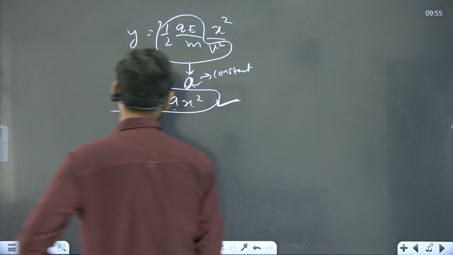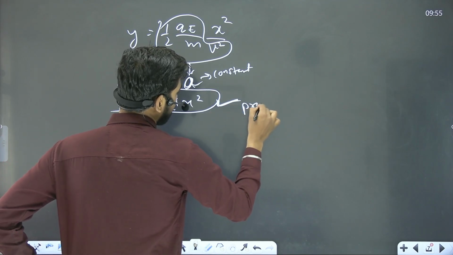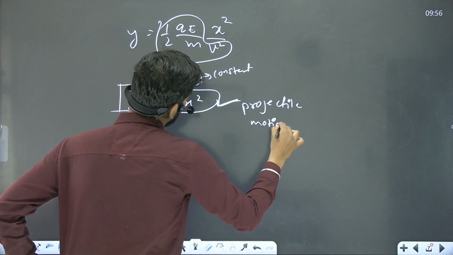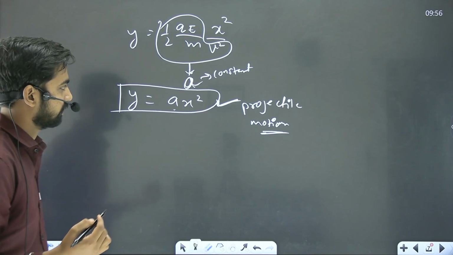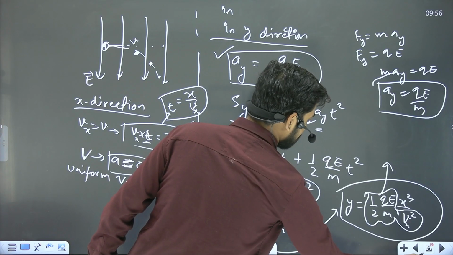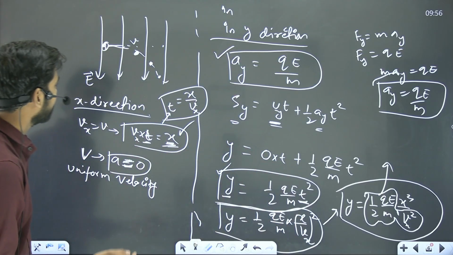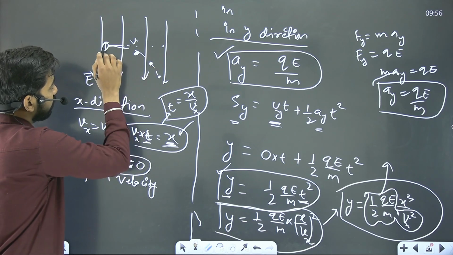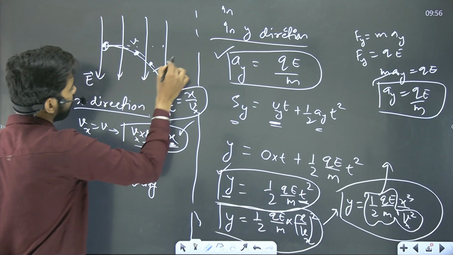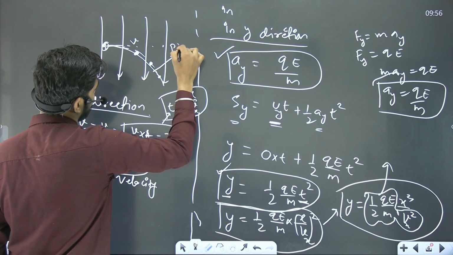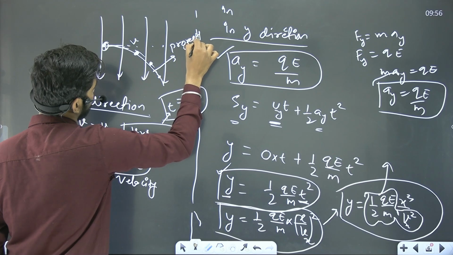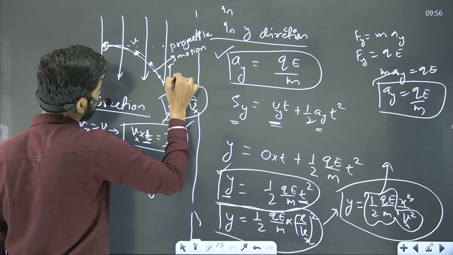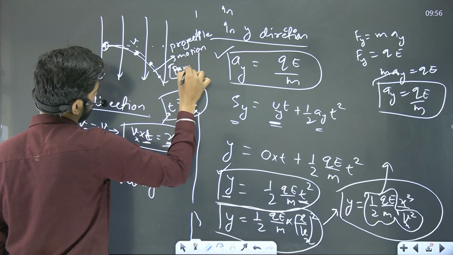Y equals x square. Exactly, sir. Projectile motion. Now you can say that the motion this charge is following under the electric field is a projectile motion, or parabolic motion.